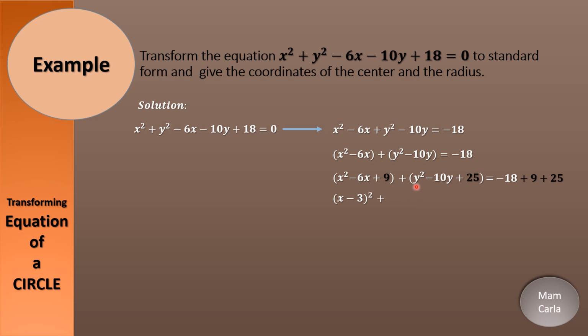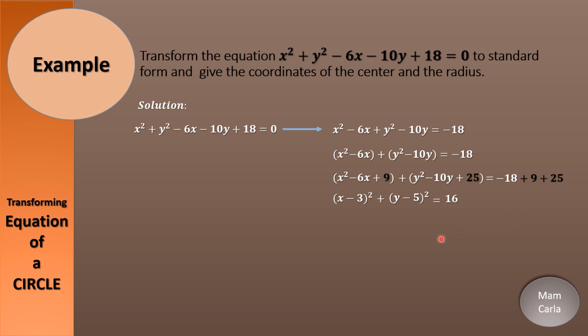Plus, what is the square of binomial form of this, which is quantity y minus 5 squared. That is obtained by getting the square root of y squared and the square root of 25, which is 5. And then copy the sign. Equals negative 18 plus 9 plus 25, which is 16.